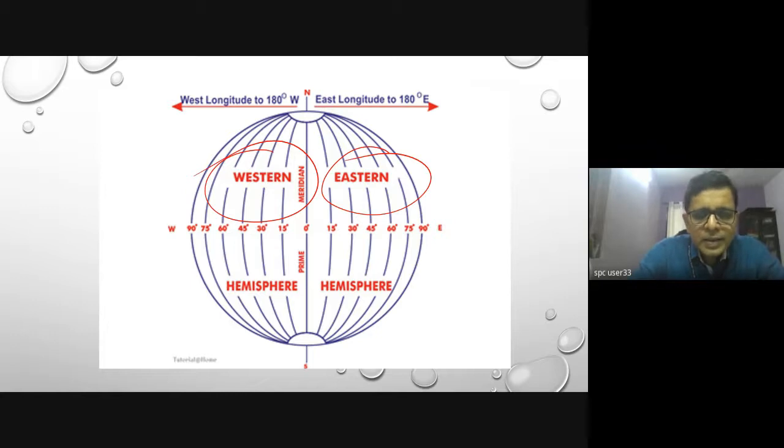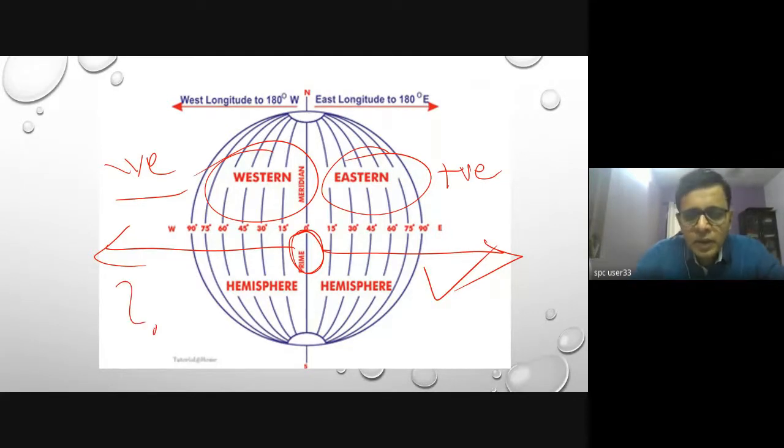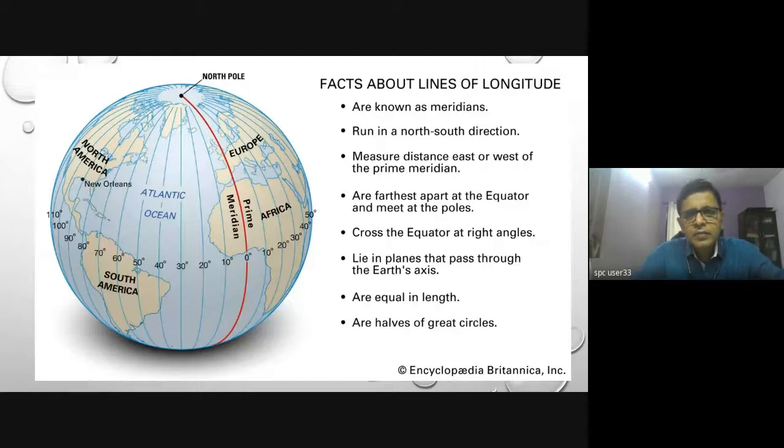I said that time in the eastern hemisphere is always plus of the Greenwich meridian, and time in the western hemisphere is always minus of the time at the Greenwich meridian. That means what is happening at the prime meridian has already happened here, and it has yet to happen here. Already happened and yet to happen. That is the difference between the eastern and the western hemisphere.